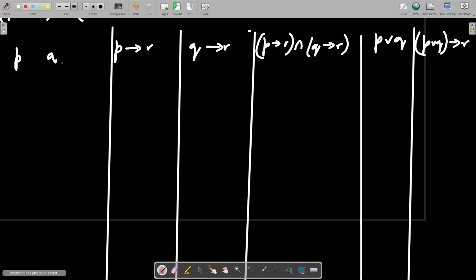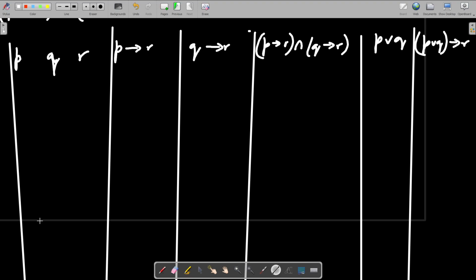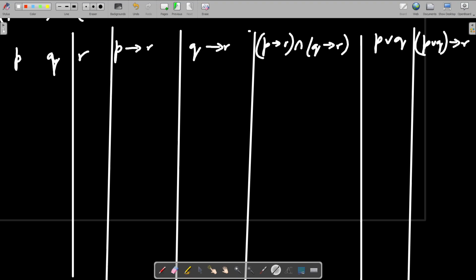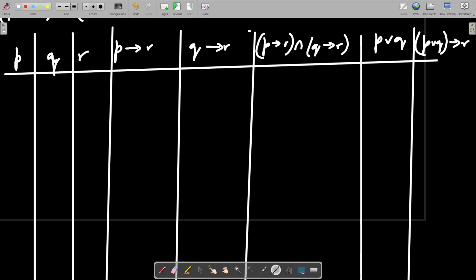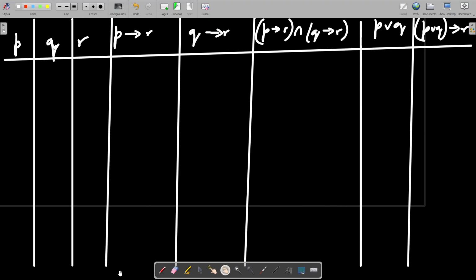P, Q, R. Okay, wrote all the columns. Now let me just adjust a little. So what are the possibilities?